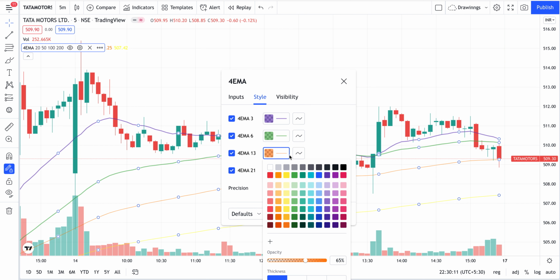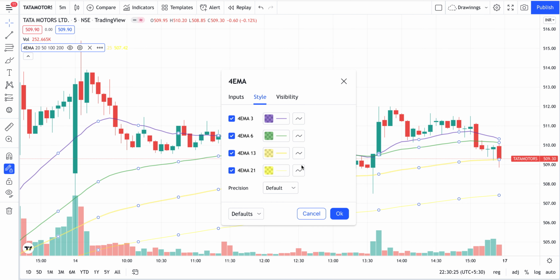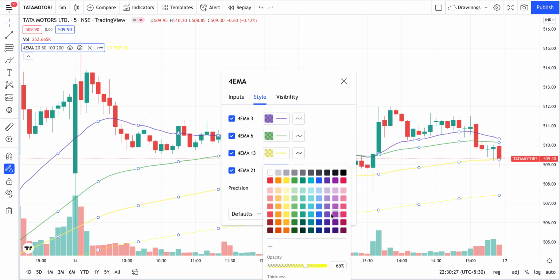Then we are going to change the style of the 100 period moving average. We are going to give it yellow, and again set the color and thickness the same way. Here I am going to give red, because this is the last moving average we are going to use.